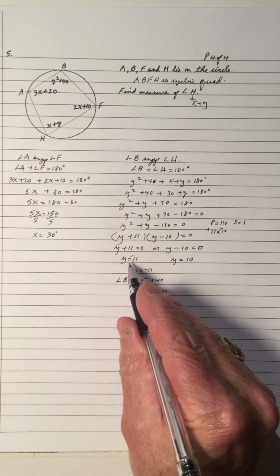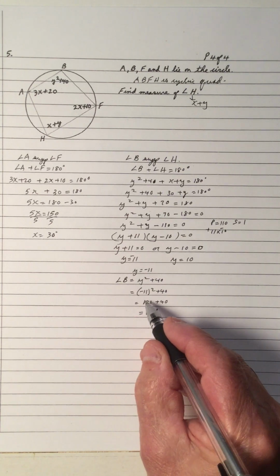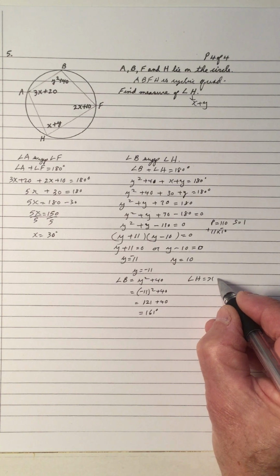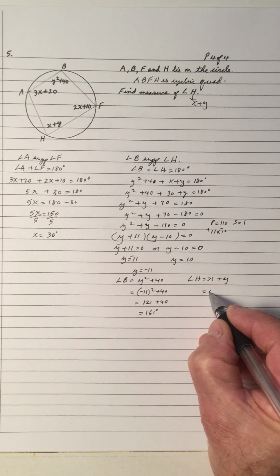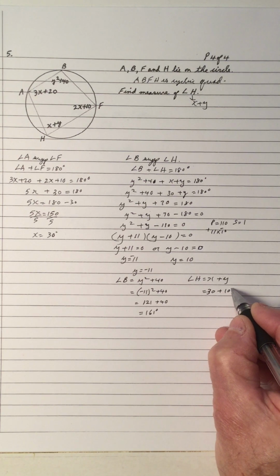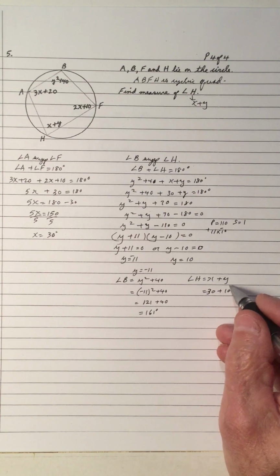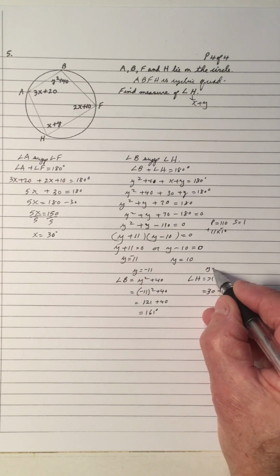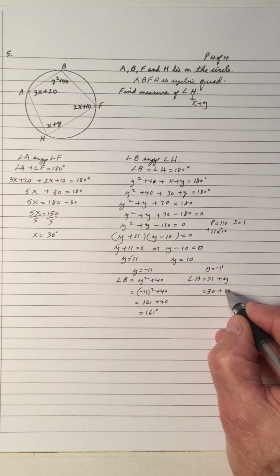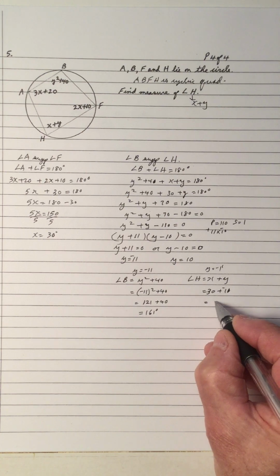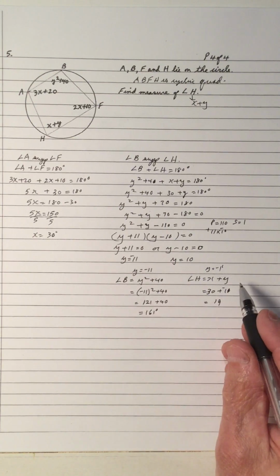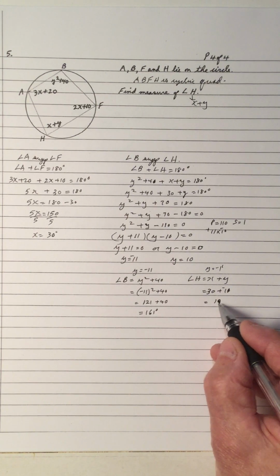So y equals negative 11 can work in that angle. But angle H is x plus y, where x is 30 and y is negative 11, so I get 19. So x plus y adds up to 19.